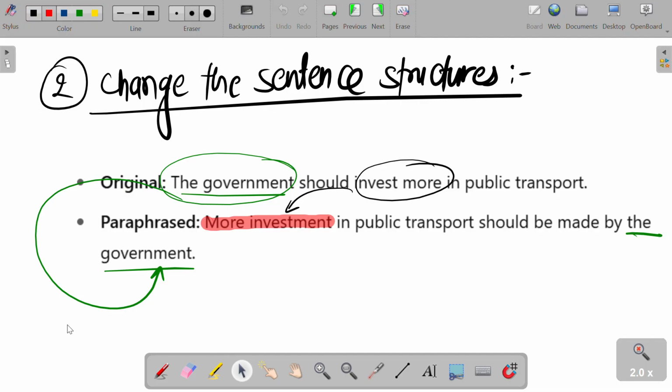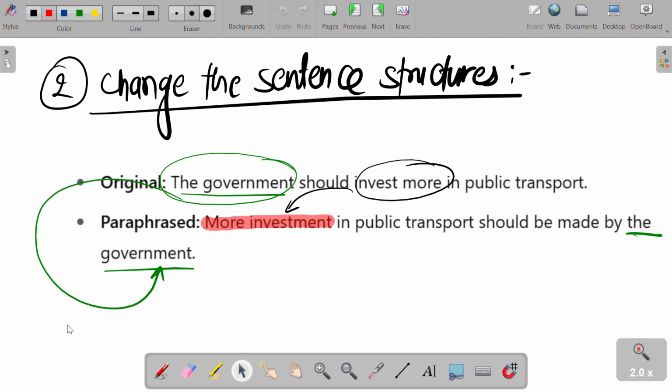Another method that you can use to paraphrase the given question is the one where you change the sentence structure. In the original sentence, it says the government should invest more in public transport, while in the paraphrased version you can see invest more has been changed into more investment.